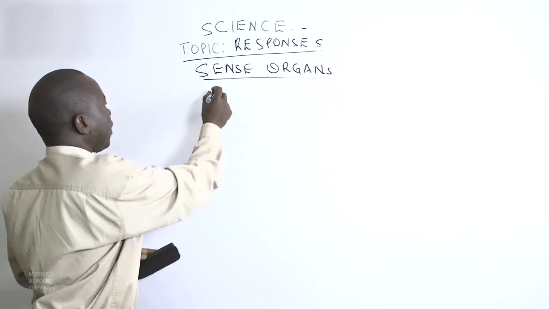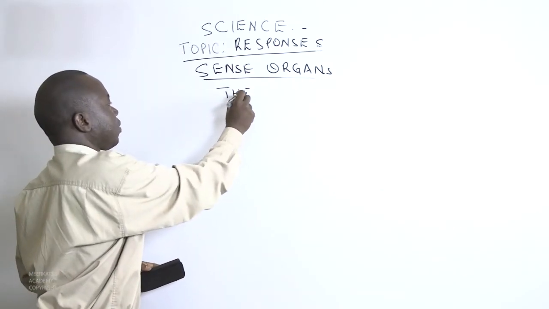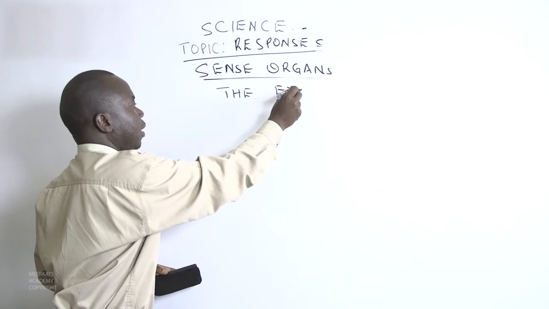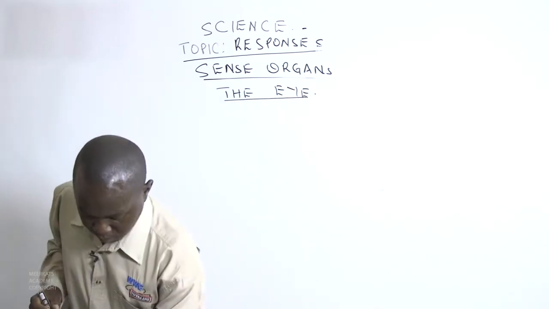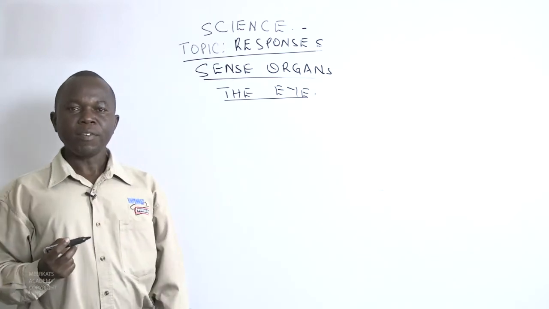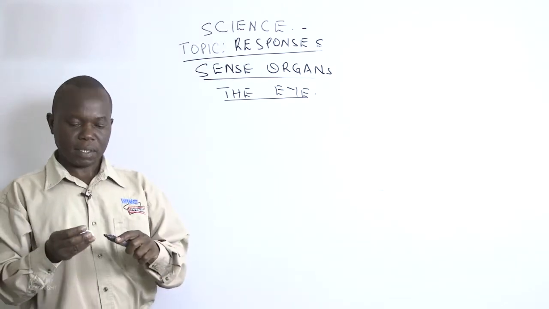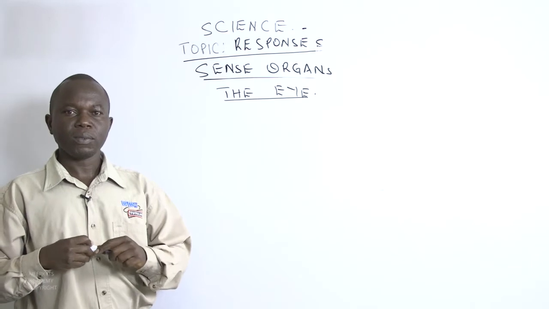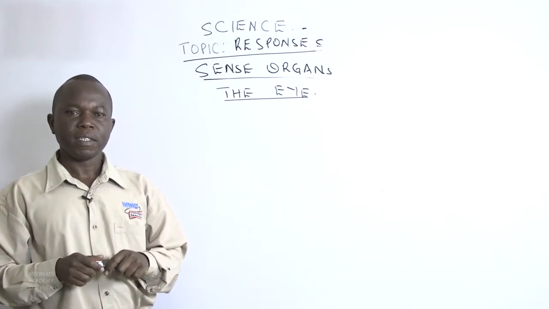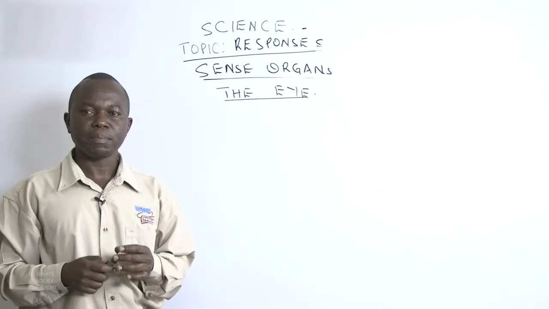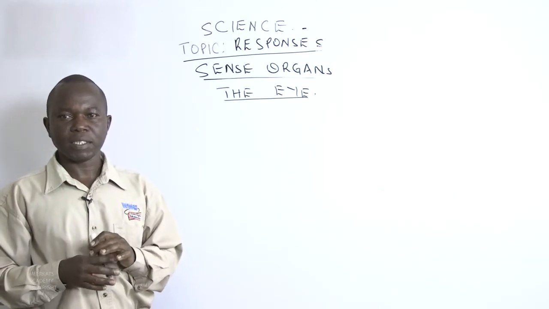The eye. So we look at the first one, the eye. Now, if you are in a room and it's dark right now, we can do something together. You may just approach the switch and put off the light.